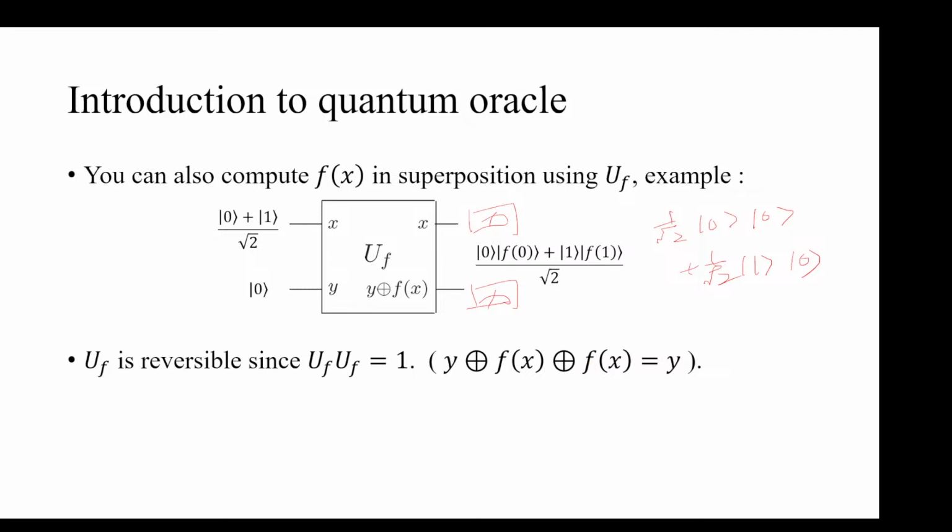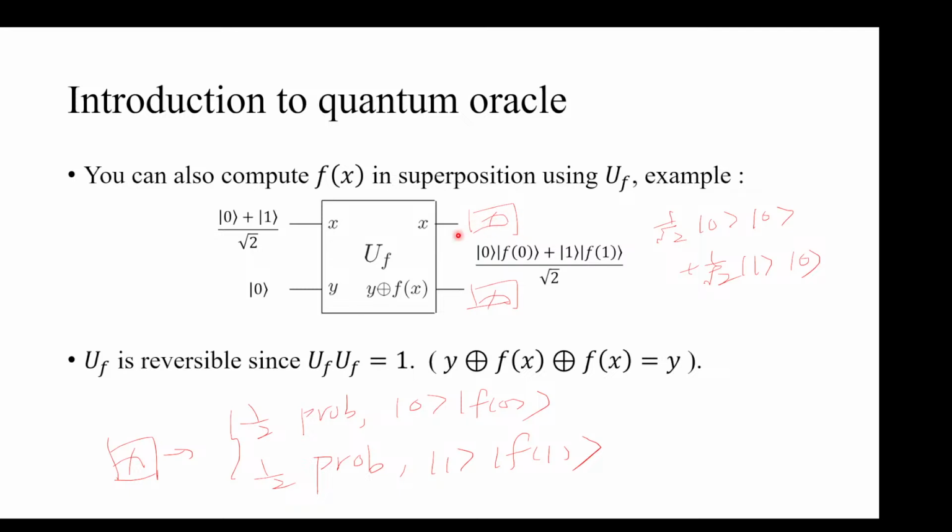So if you measure, with 1/2 probability you see the result 0 f of 0, and with 1/2 probability you get the result 1 f of 1. You just get a probabilistic mixture of f of 0 and f of 1. It's like you pick a random 0 or 1 as input, and you get a random f of 0 or f of 1 as output.